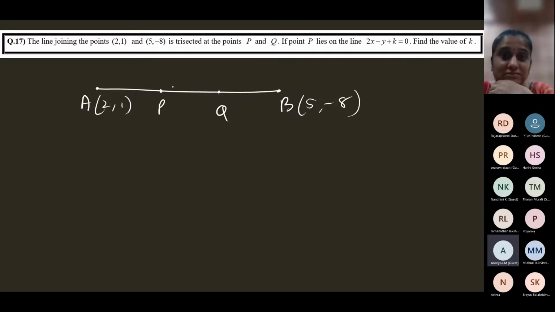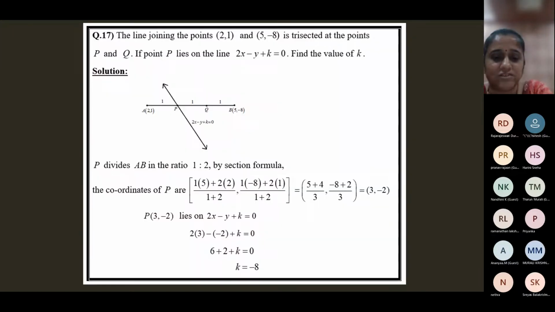I got the answer as K is -8. What's the first thing you said? The value of K is -8. Okay, let me check. Very good. It is -8. Very good.